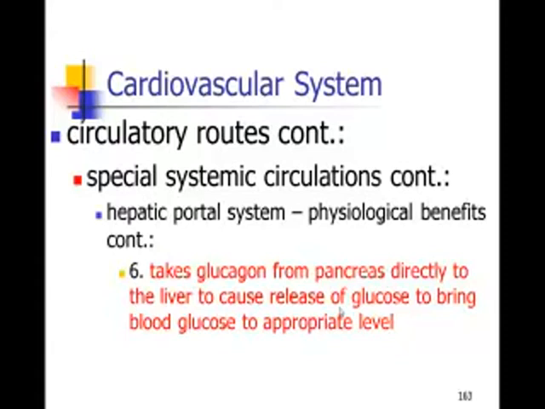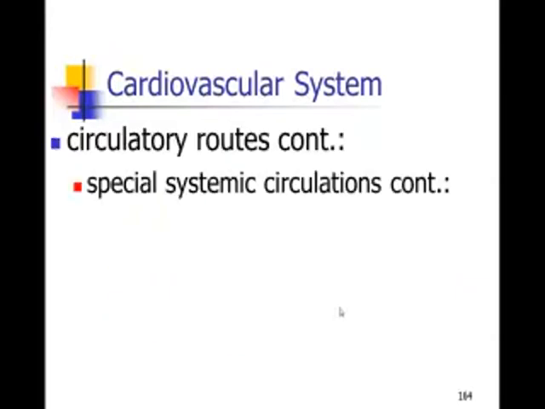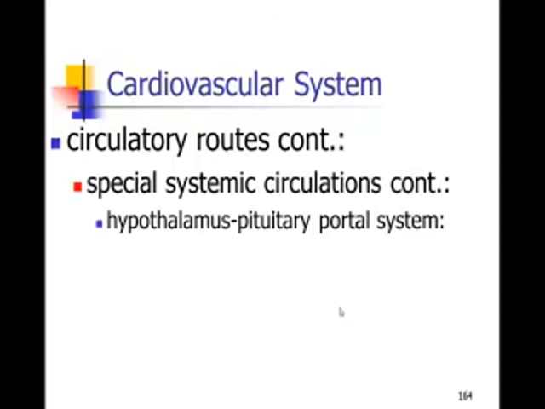Now, when you have low blood sugar, when you have low blood glucose, the pancreas is stimulated to release glucagon from the islet cells of the pancreas, and the glucagon goes directly to the liver and causes the liver to release glucose into the blood, so that brings the blood glucose back up to more normal levels. So it's really a big deal. It sounds like just kind of a curiosity initially, but it really is physiologically very important.